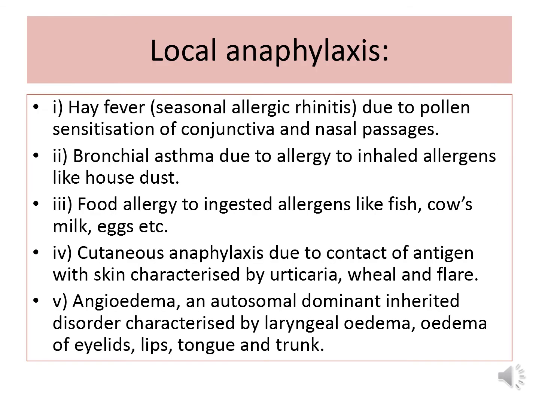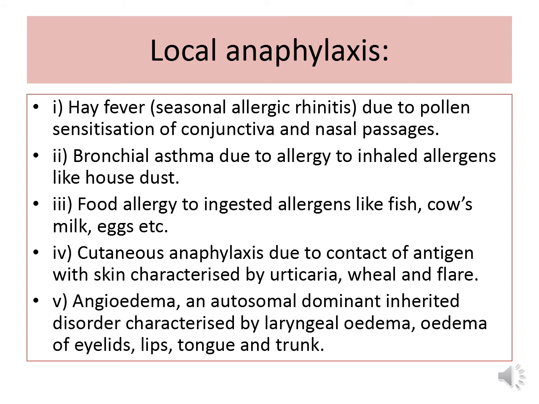Local, we see hay fever, seasonal allergic rhinitis, bronchial asthma due to allergy to inhaled allergens like house dust, food allergy to ingested allergens like fish, cow's milk, eggs, etc. Cutaneous anaphylaxis due to contact of antigen with skin, characterized by urticaria, wheal, and flare.